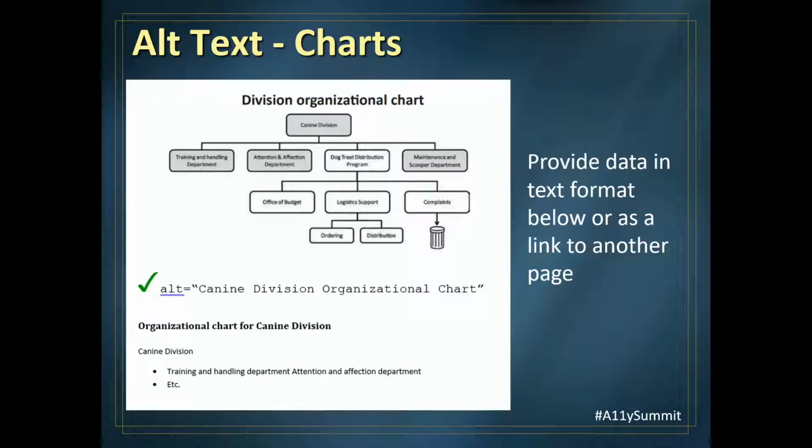So what you're going to want to do is create a text format either below or linked in somewhere. An equivalent would possibly be a hierarchy of a bulleted list. That would be a good example of this. There's other types of charts you can think of, flow charts, different things like that. I've also got some resources at the end that will help with some of these more complicated imagery.